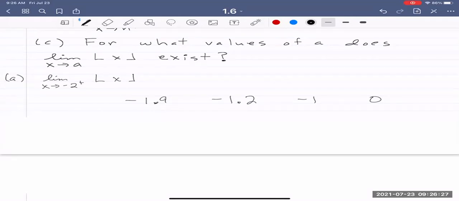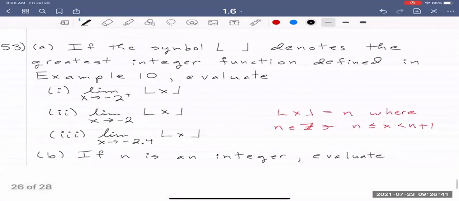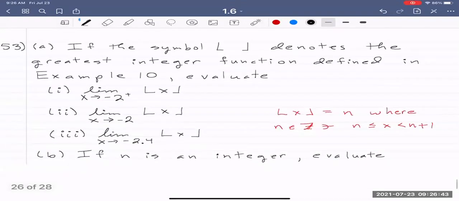So let's take the floor of each of these and figure out what the floor is. Maybe we'll use this definition here.